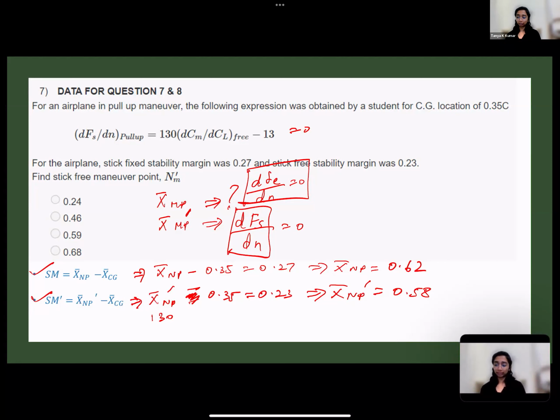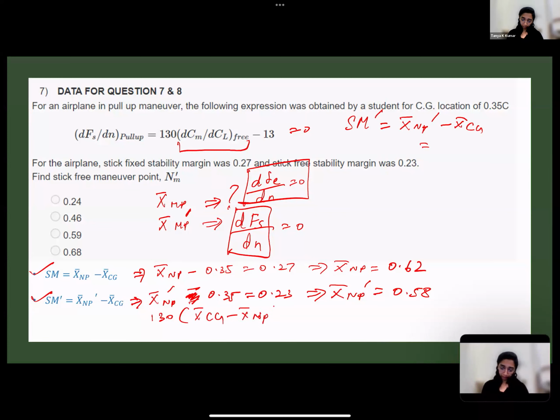What is dCm upon dCL free? What else can you write over there? The static margin in the free case is X bar NP free minus X bar CG, and this is equal to minus the static margin, correct? So you have X bar CG minus X bar NP prime minus 13 equal to 0.